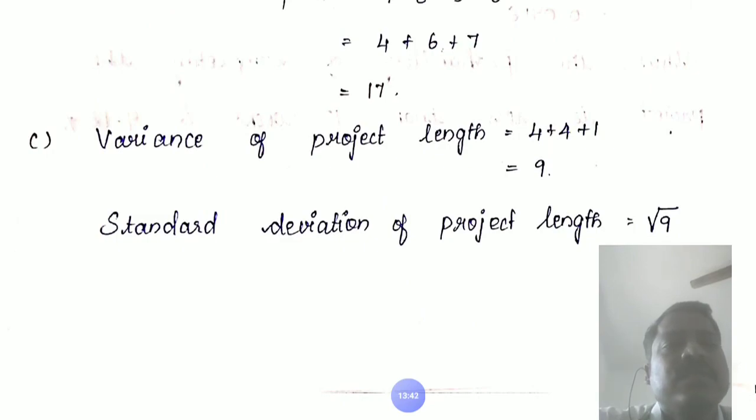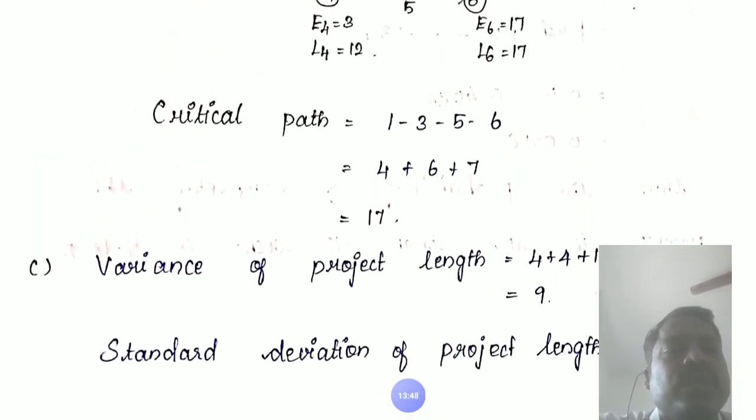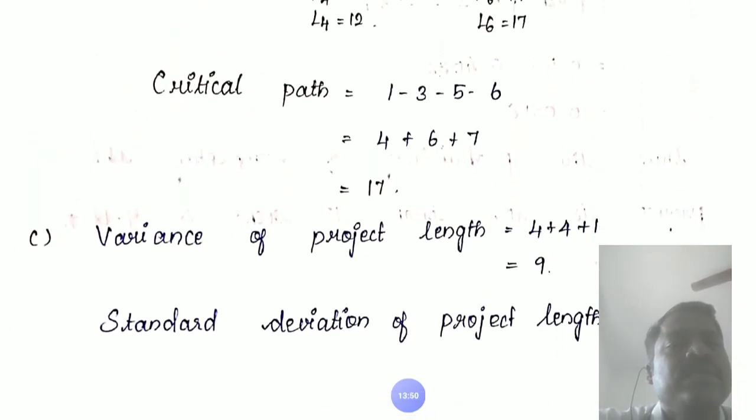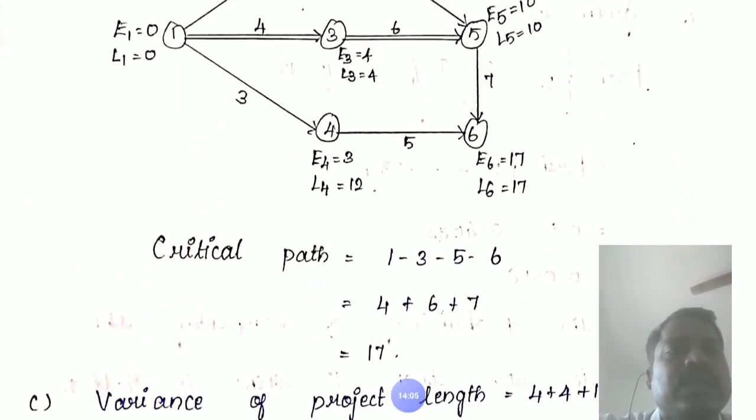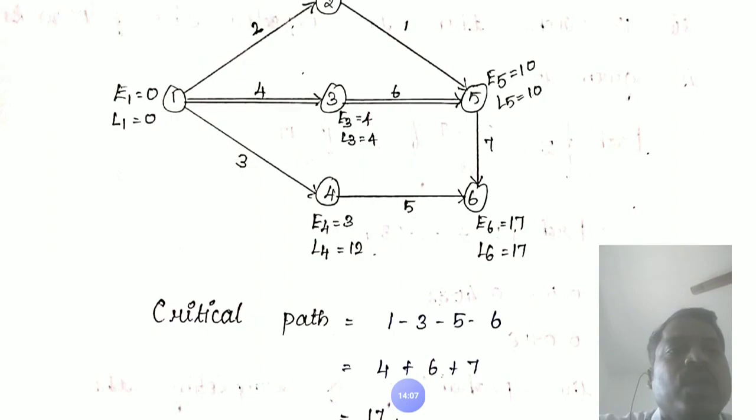Next, the variance of project length. The variance of project length means the variance of the critical activities. Critical activities are the activities on the critical path. Which are the critical activities? 1 to 3, 3 to 5, 5 to 6.